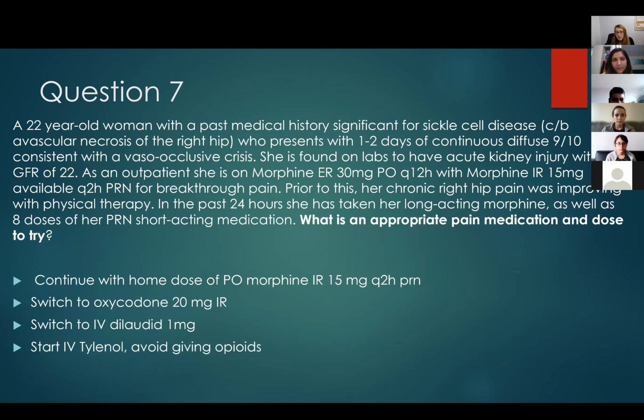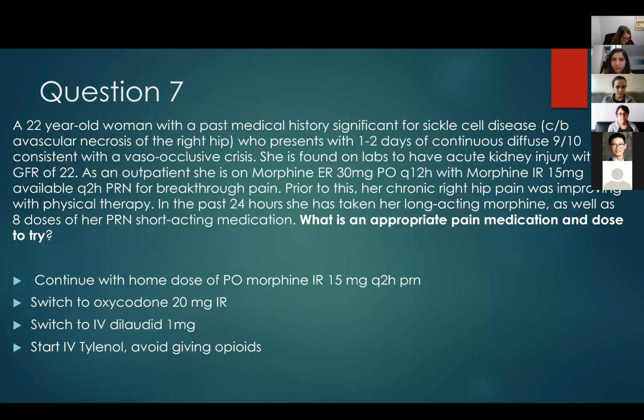Okay, last question. A 22-year-old woman with a past medical history significant for sickle cell disease complicated by avascular necrosis of the right hip presents with 1 to 2 days of continuous diffuse 9 out of 10 pain consistent with a vaso-occlusive crisis. She's found on labs to have acute kidney injury with a GFR of 22.